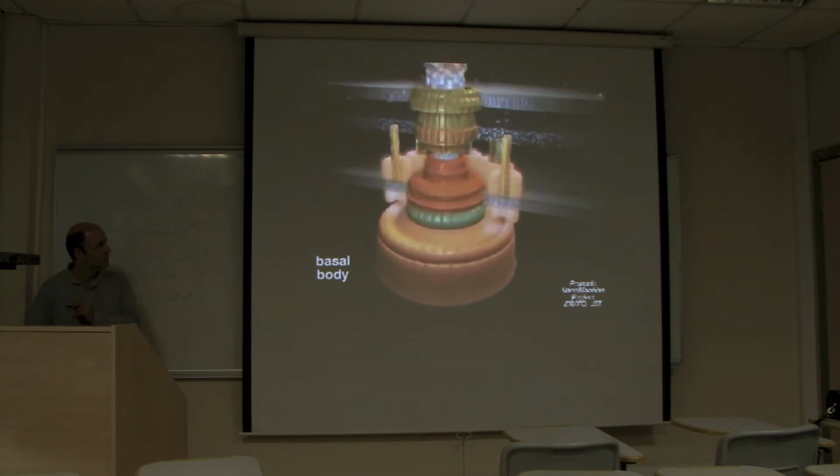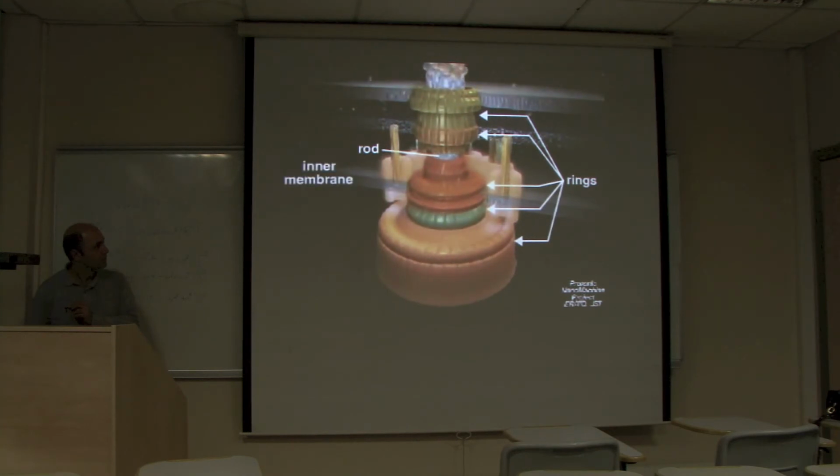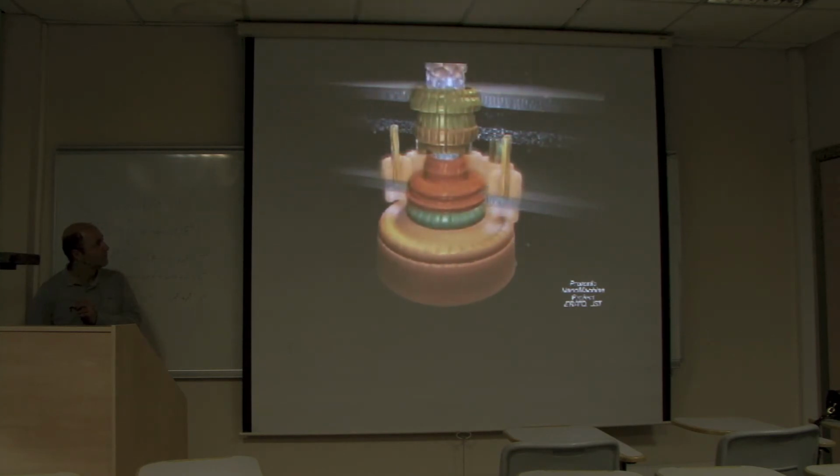The basal body consists of a rod and a series of rings embedded in the inner membrane, the peptidoglycan layer, and the outer membrane. Some of the rings make up the flagellar motor, which can be divided into two major parts: the stator, which is attached to the peptidoglycan layer, and as its name implies, remains stationary, and the rotor, which rotates.